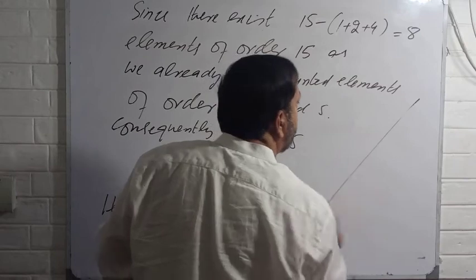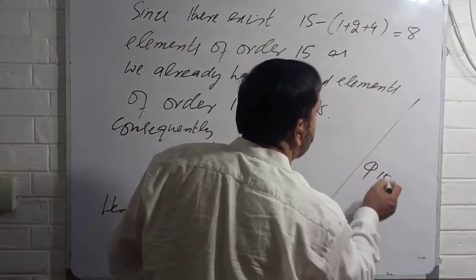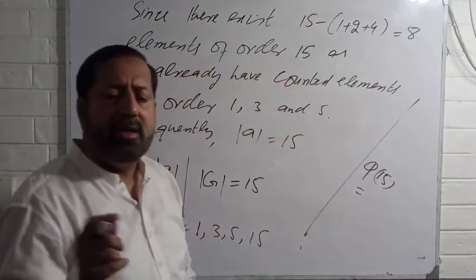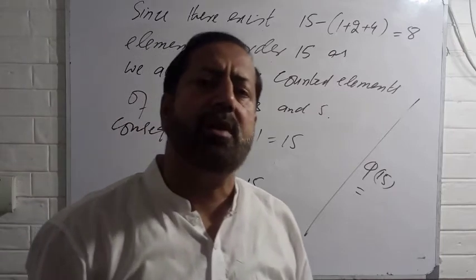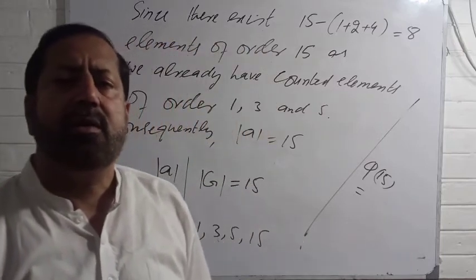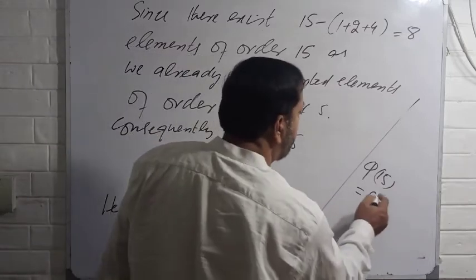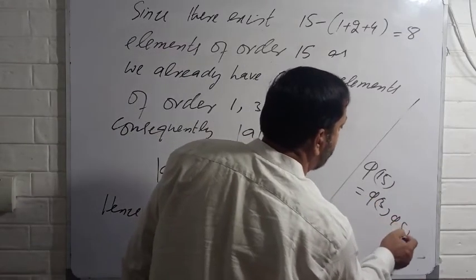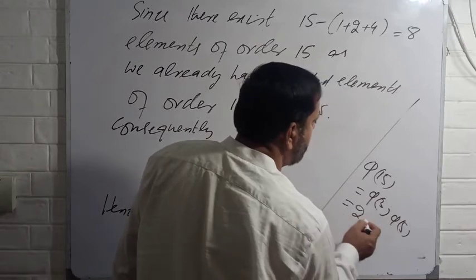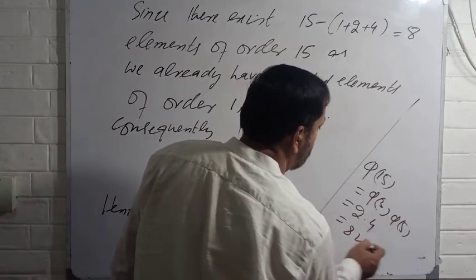And you can verify, phi of 15 is the number of those elements which are prime to 15. This can be calculated as phi of 3 times phi of 5, where phi of 3 is 2 and phi of 5 is 4, which is equal to 8.